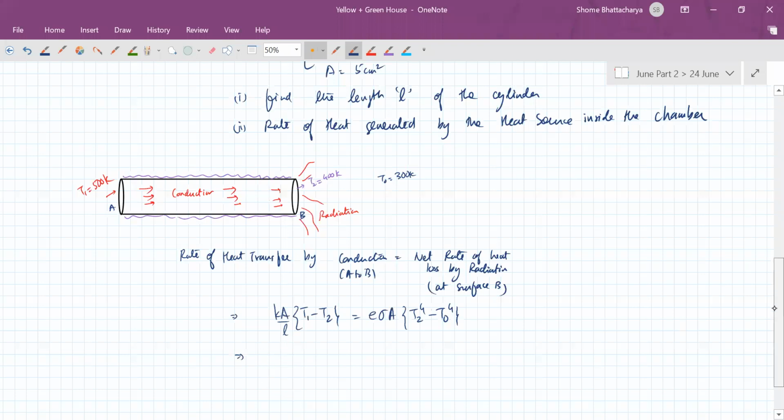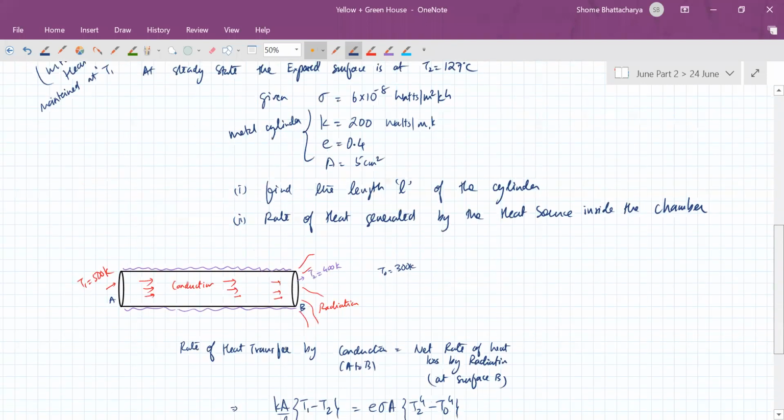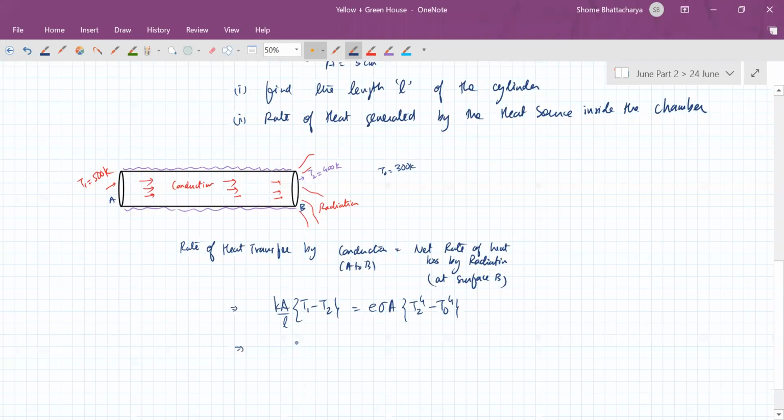So substitute all the values. K is given to us as 200. Area will anyway cancel out. Emissivity was 0.4. Sigma we are taking as 6 into 10 raised to minus 8. A I have cancelled out. And this is 400 to the power 4 minus 300 to the power 4.